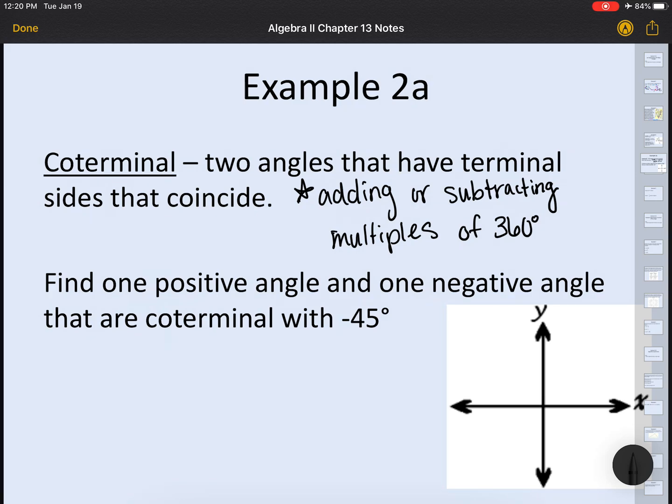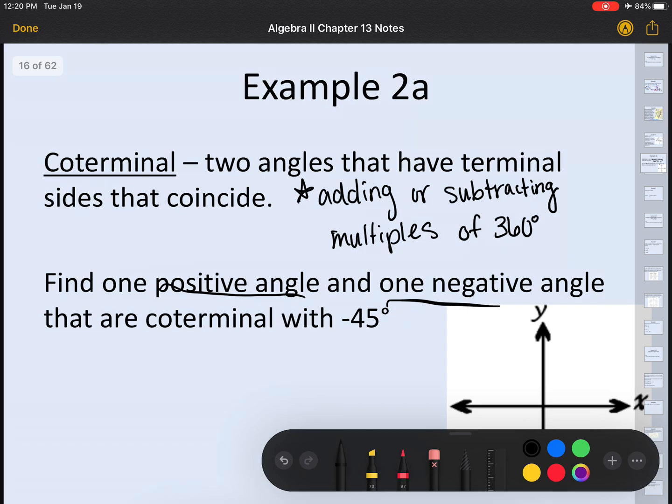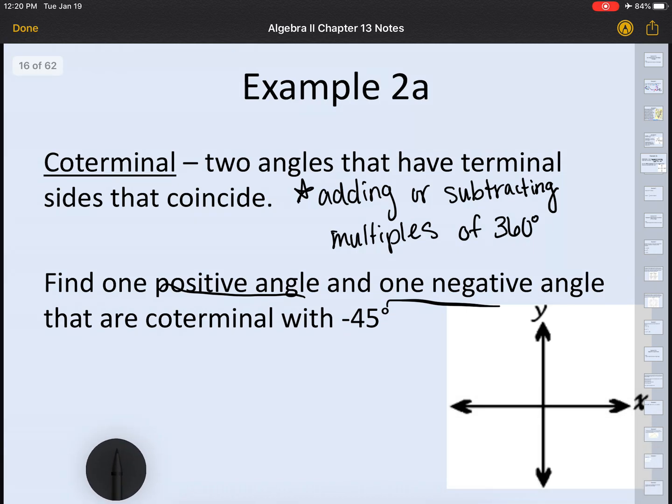So for example here, we're going to find one positive and one negative, so one of each, that are coterminal with negative 45 degrees. Okay, so if we kind of sketch negative 45 degrees, we had to go clockwise since it was negative, okay, and say we want to find that one is positive.